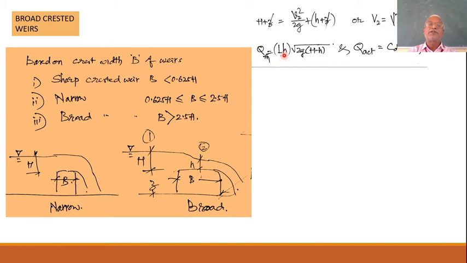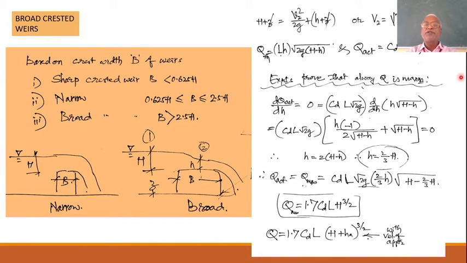Q theoretical is L into h, that is the cross-sectional area, times the velocity root 2g(H minus h). So Q actual will be equal to Cd into Q theoretical.